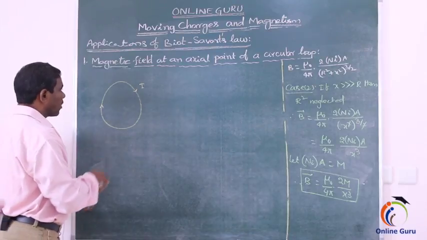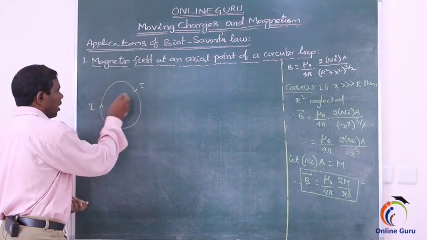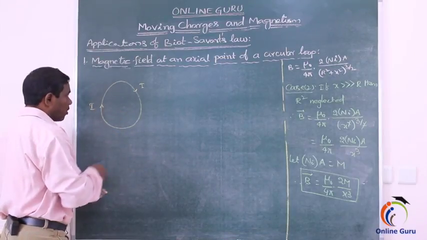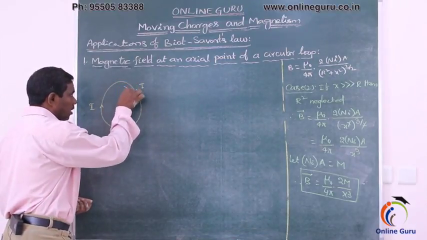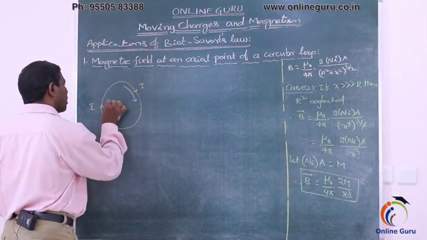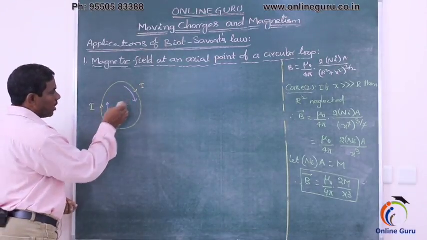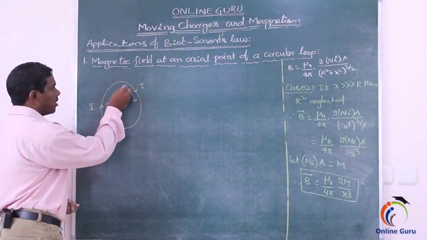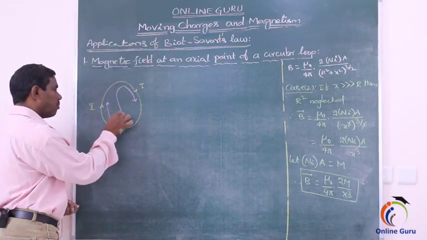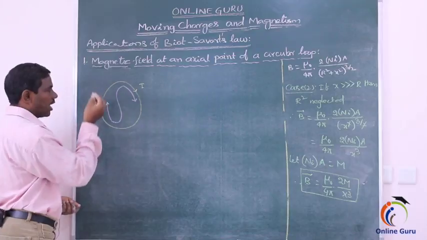We can observe that when it carries the current of strength I in a clockwise direction, we can represent the clockwise direction of the current. When we represent the clockwise direction of current, we join both tail ends of the direction of the current.